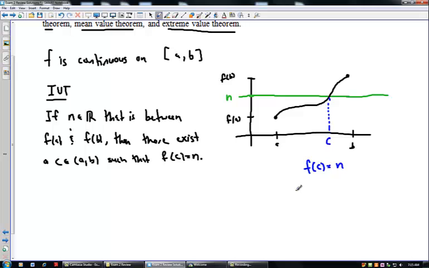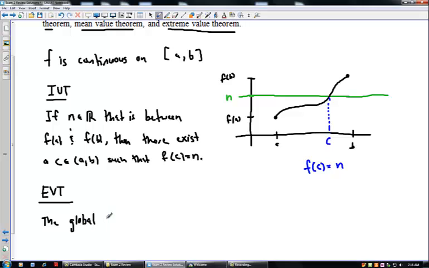All right, let's look at the extreme value theorem. So the EVT, the extreme value theorem. This theorem basically says that the absolute minimum and the absolute maximum are obtained on the interval AB. So the absolute, let's use the word global because we're using global. So the global, absolute's the same thing.